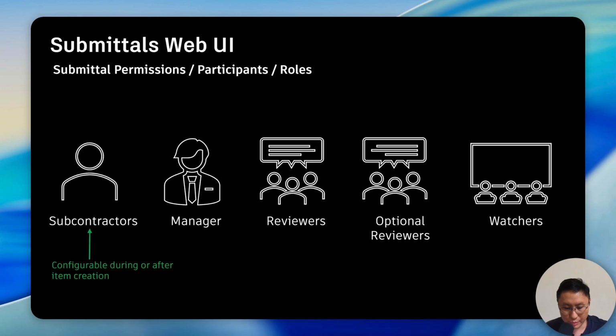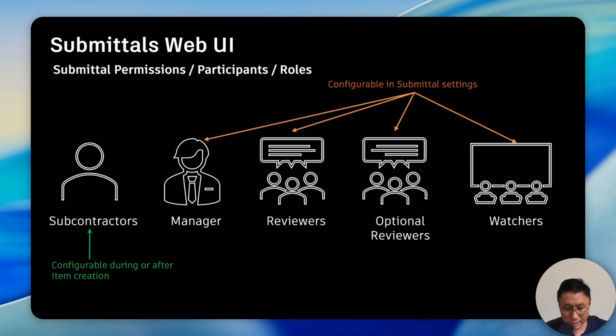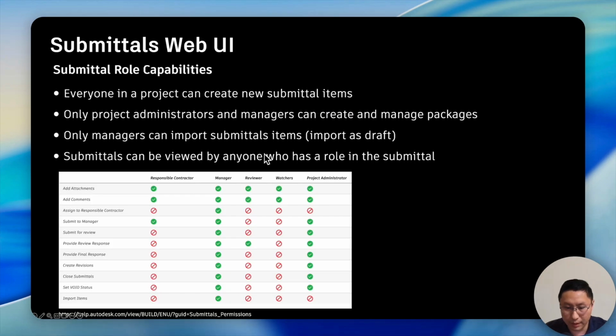When the submittal manager creates items, they can set any member as the subcontractor during or after item creation. In the submittal settings, the project admin can configure permissions for all of them except for the subcontractor. Additionally, the manager's permission must be configured before creating submittal items. Each role has different capabilities.